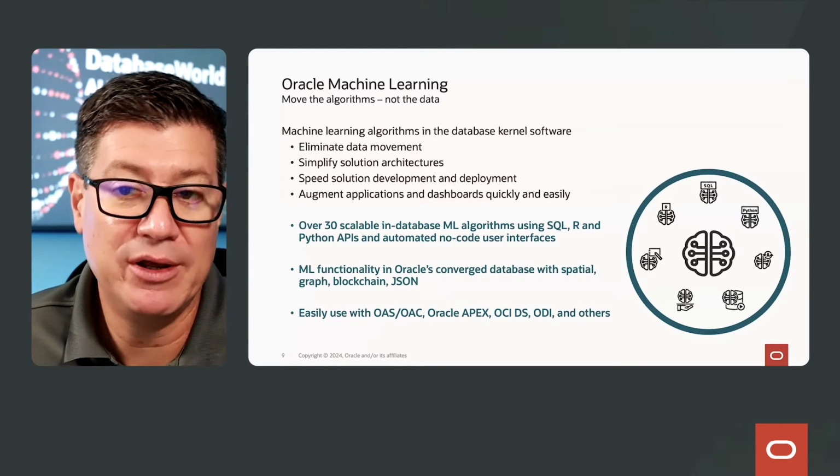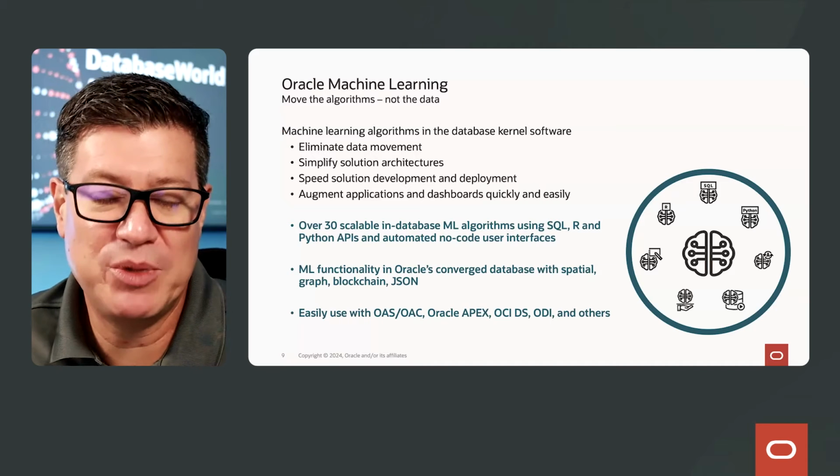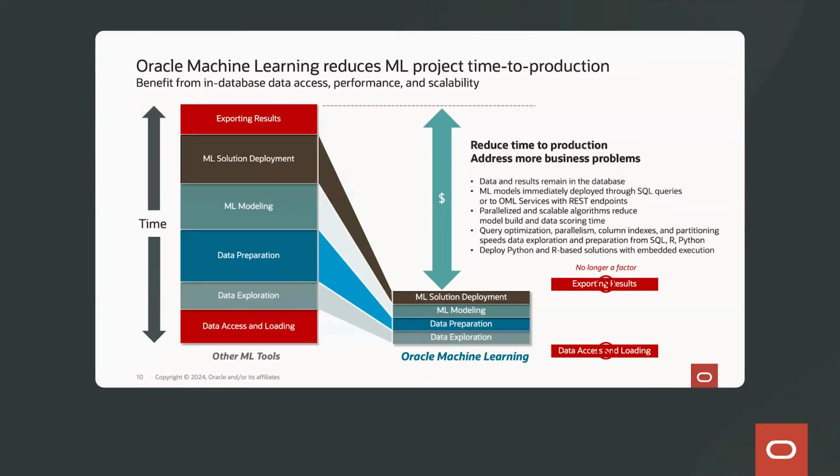That's where we run those basic 30 different algorithms. At the end of the day, that saves a lot of time: the data access time and the time to export the results are eliminated, and the time for machine learning modeling, data preparation and exploration is also reduced, because those things run faster inside the database where your data is. So it gives you a better time to production on your project.